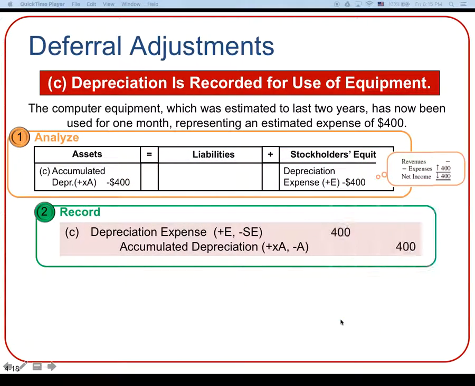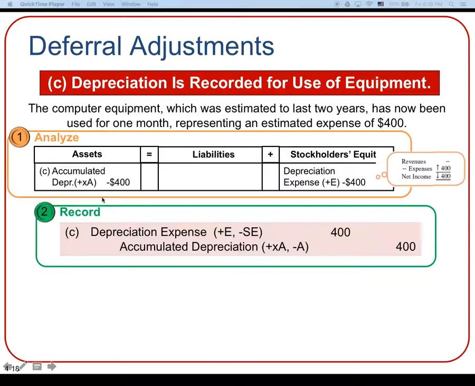That's the adjustment that you need to make. So in your asset book, you should have an accumulated depreciation account. And then in your equity, because you have a depreciation expense, you have an increase in your depreciation expense of $400, and also an increase to your accumulated depreciation account. Don't be confused by this negative sign.